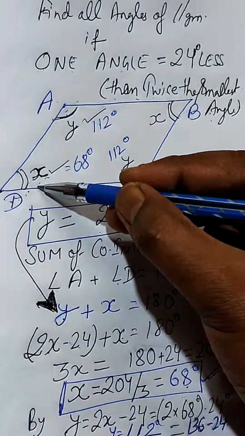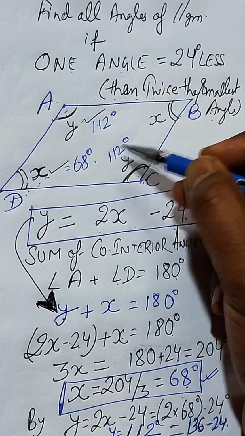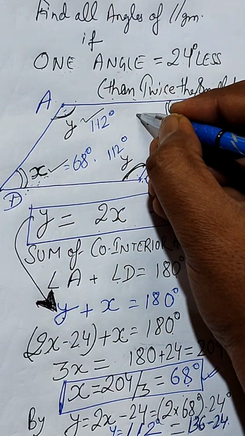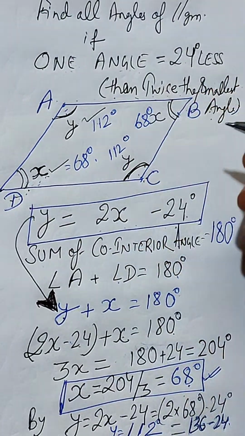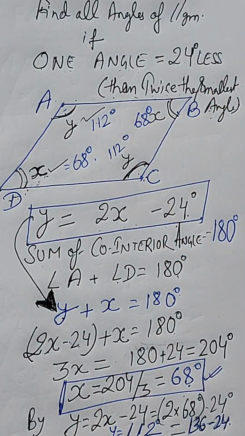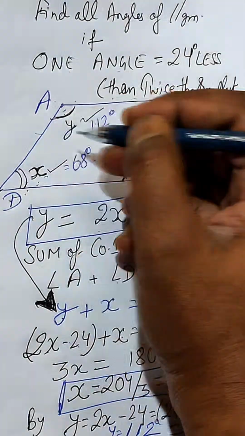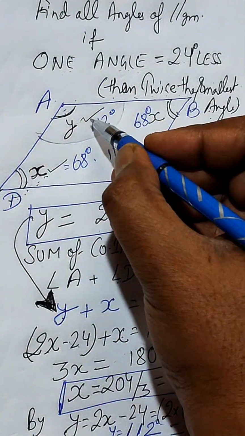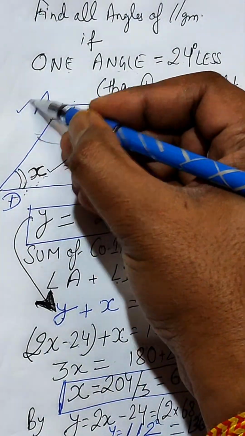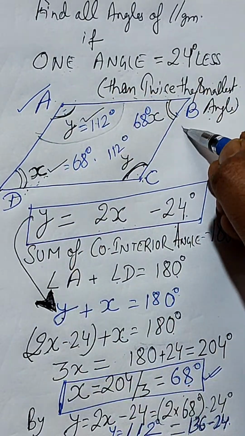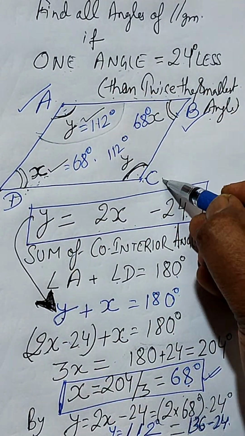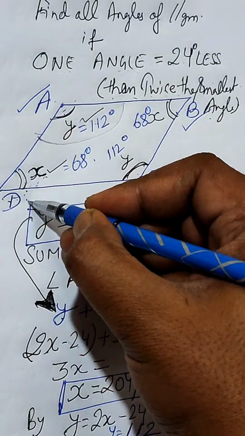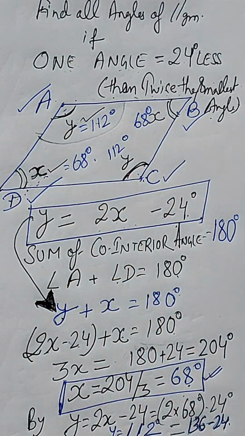So if angle D is 68 degrees, then angle B is also equal to 68 degrees. So in this way we have calculated angle A, angle B, angle C, and angle D. So all the four angles are calculated over here, right?